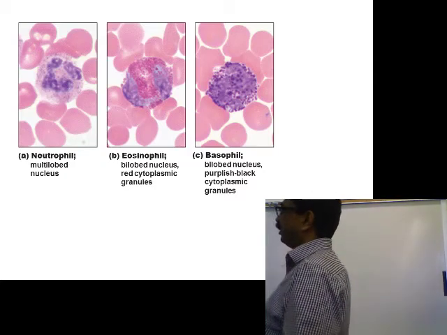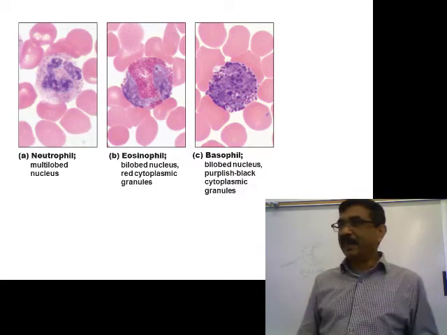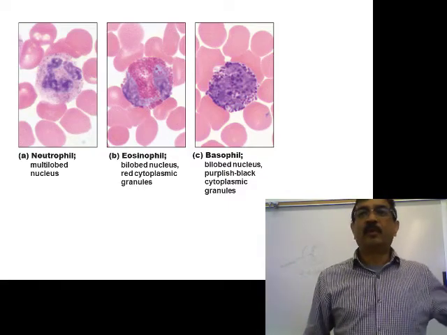Neutrophils are called polymorphonuclear leukocytes. Poly means multiple, right? Many. Morphology means how it looks from outside, and nuclear. If you see this neutrophil under the microscope, it will look like it has multiple nuclei, but actually it is one nucleus, many lobes.